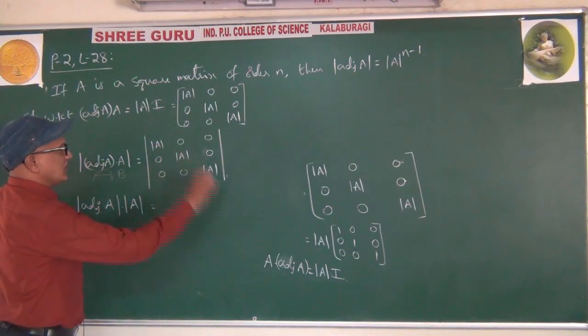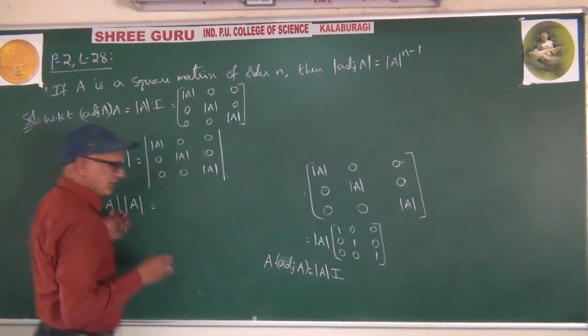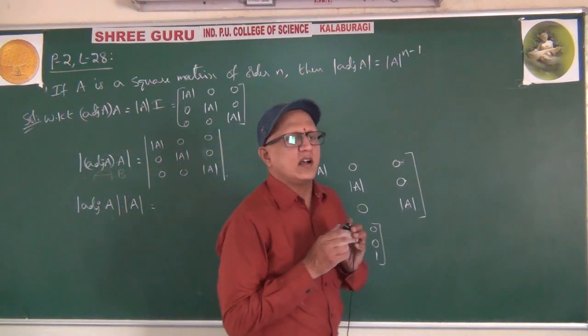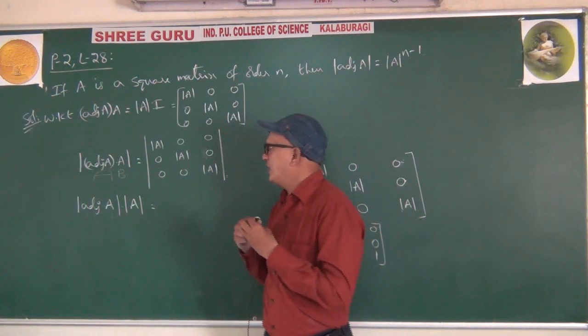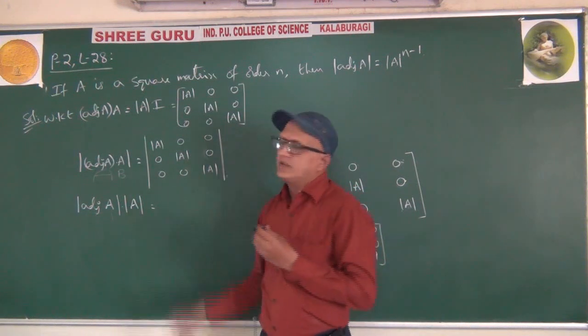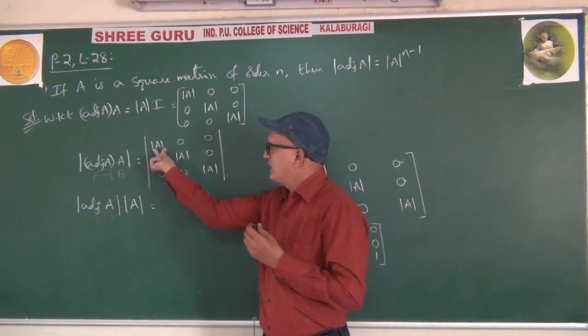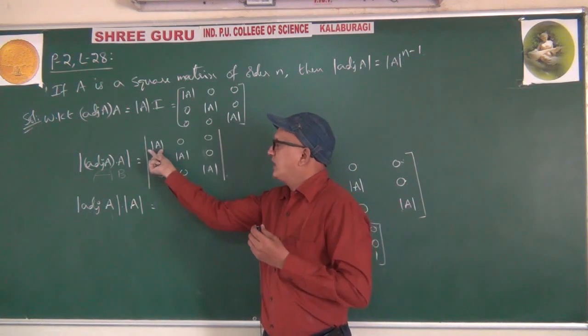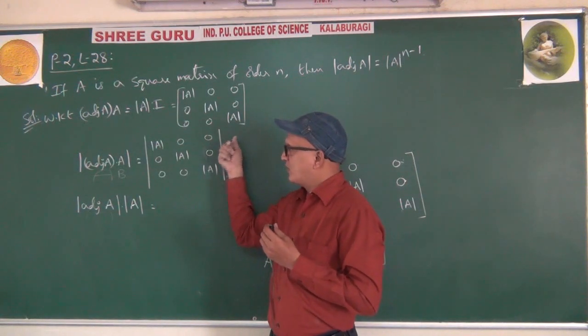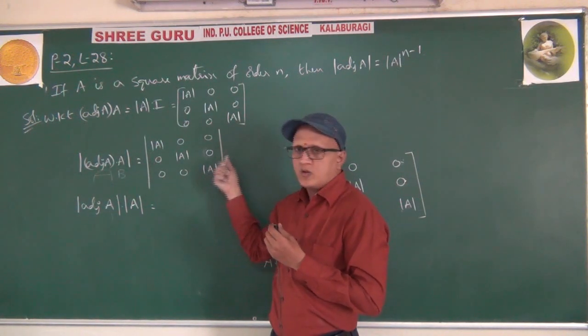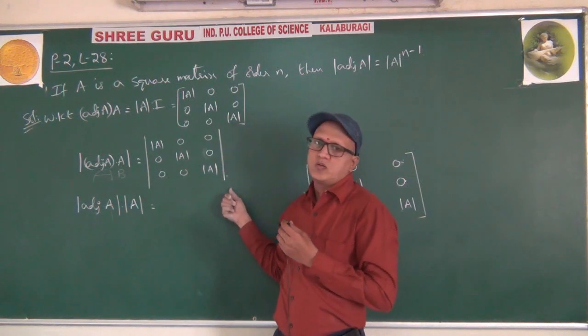Here we cannot take determinant A common from the complete determinant. We can take det A common from the first row, det A common from the second row, det A common from the third row.